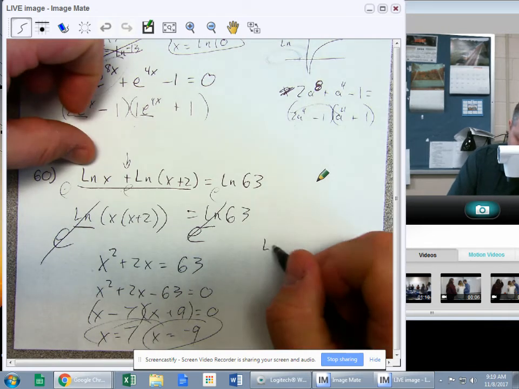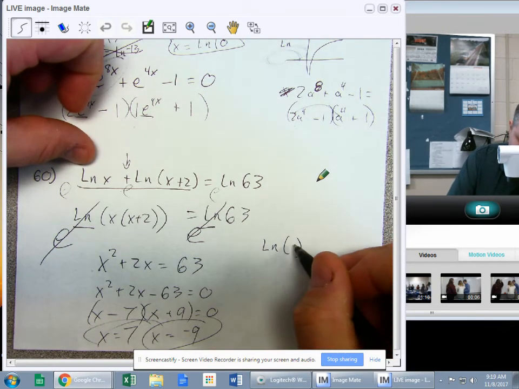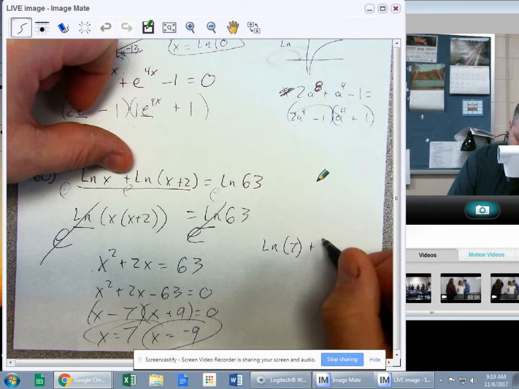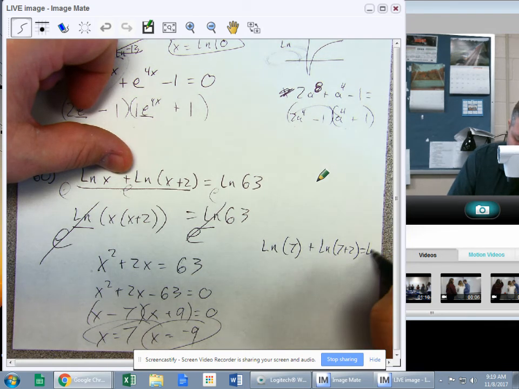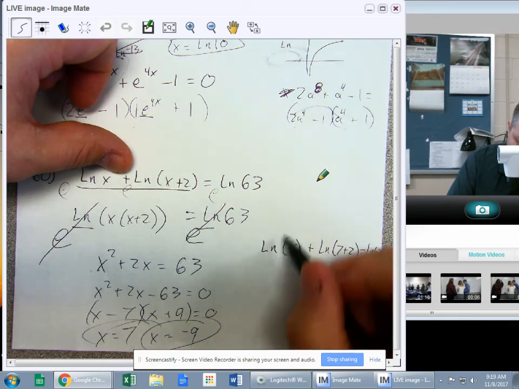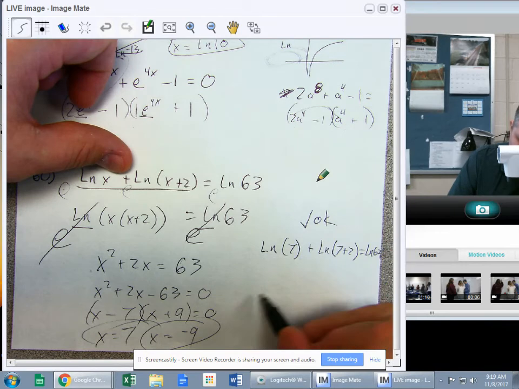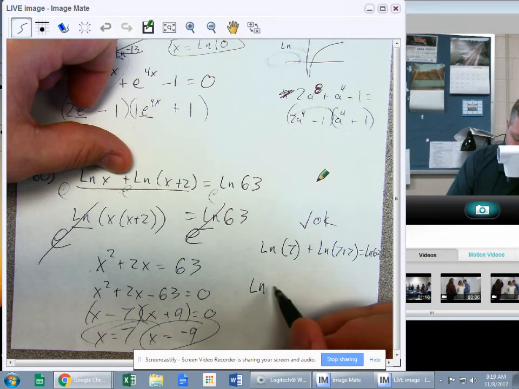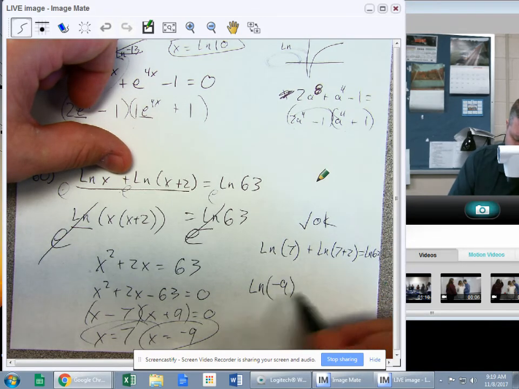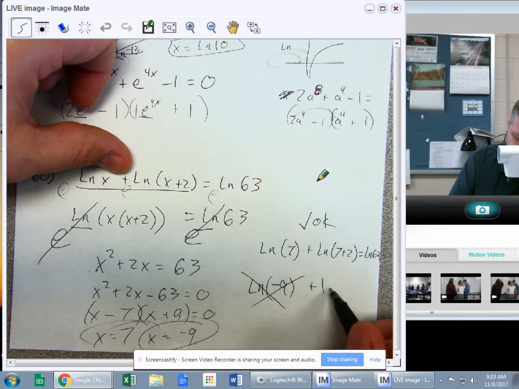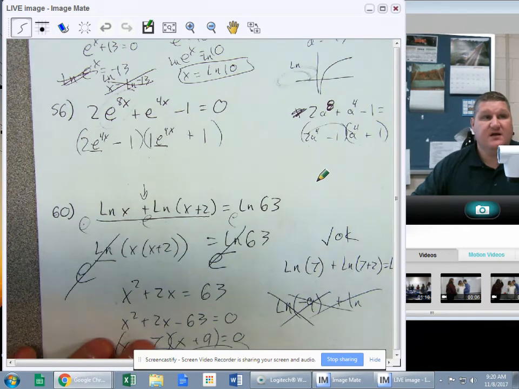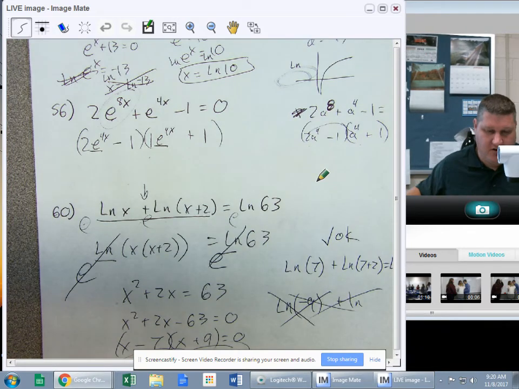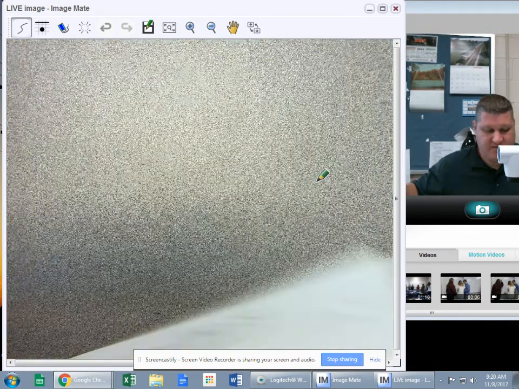If I plug this back in, ln of 7 plus ln of 7 plus 2 equals ln 63. Yay, that works. It's okay. But ln of negative 9 does not work right out of the gate. So that's not going to work. So let's take a look at those and see where we go from there.